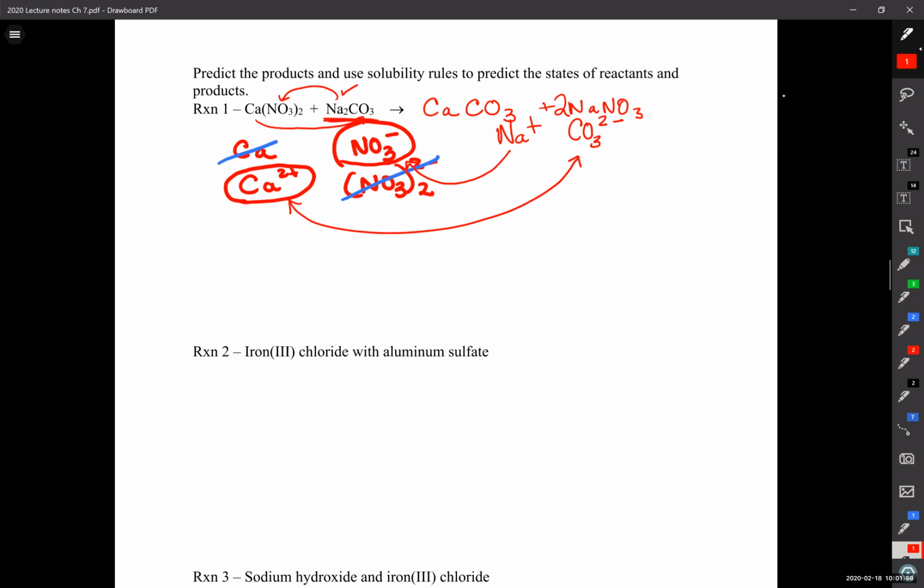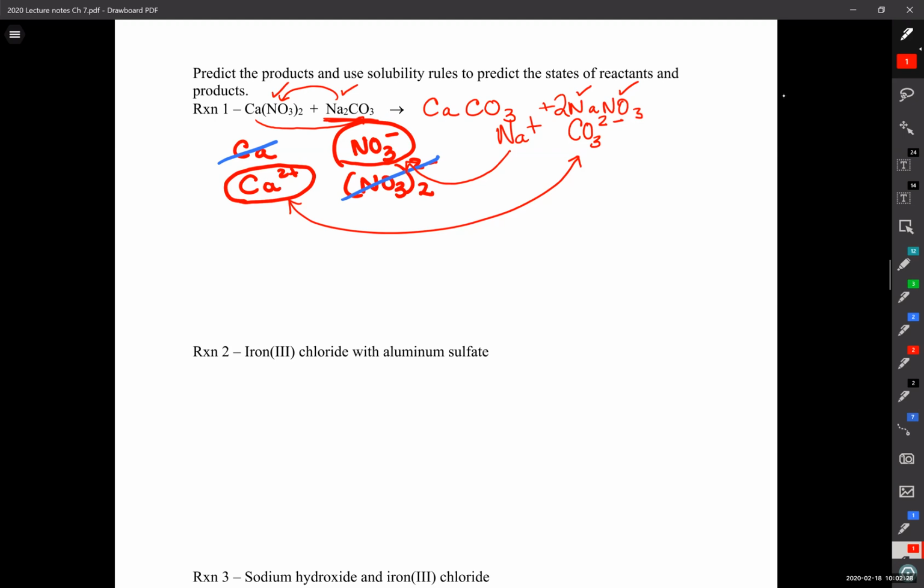And then I have to do the nitrates, right? How many nitrates do I need? 2, because I have the 2 in front now. So I'll need 2 of these. And how many do I have on the right? How many do I have on the left? 2. So that's balanced as well. And it turns out I have 1 calcium and 1 carbonate. So that's also balanced. So it's all done. I just need the 1 coefficient.